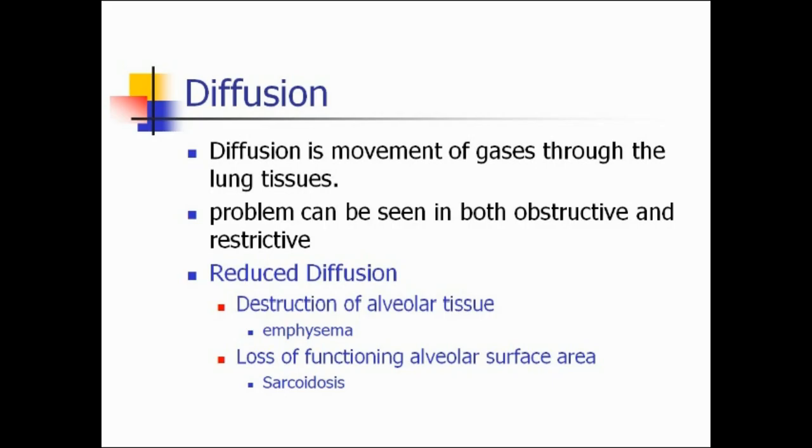The key is reduced diffusion, reduced gas moving into the blood. This can be because of destroyed alveolar tissue, as in emphysema, or it can be caused by a loss of functioning alveolar area, tissue, such as in sarcoidosis.